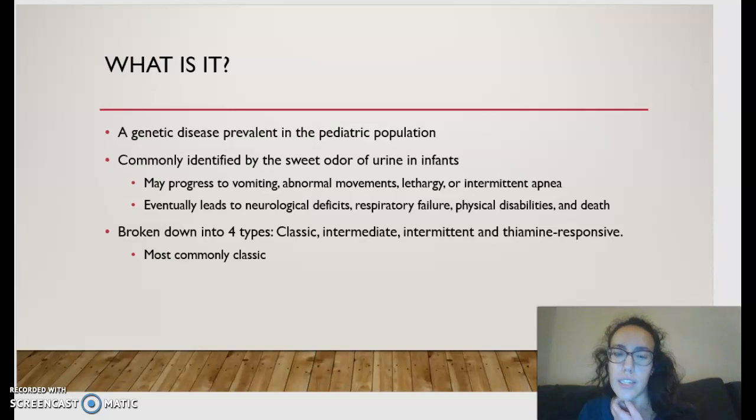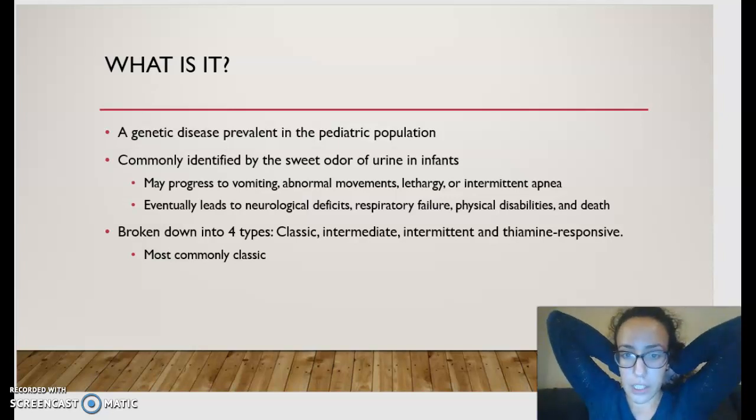So, as I said before, maple syrup urine disease is a genetic disease that is prevalent in the pediatric population. It gets its name because it is most commonly identified by the sweet odor of the urine in infants and the sweet odor of the cerumen.